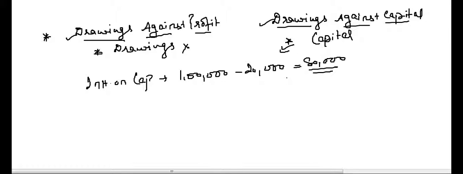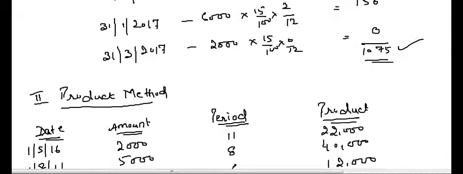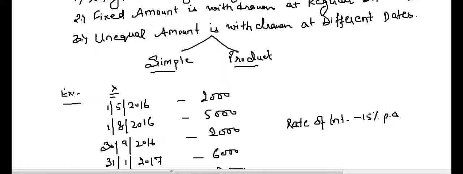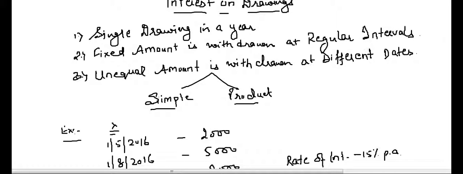So you can write this down. This is a very simple case I have discussed today of interest on drawings where the amount is not fixed and the interval is not fixed. Clear? So we have two methods for that, simple and the product method.